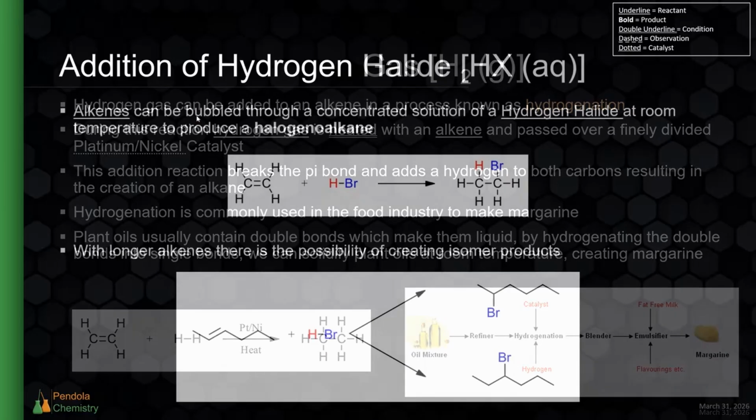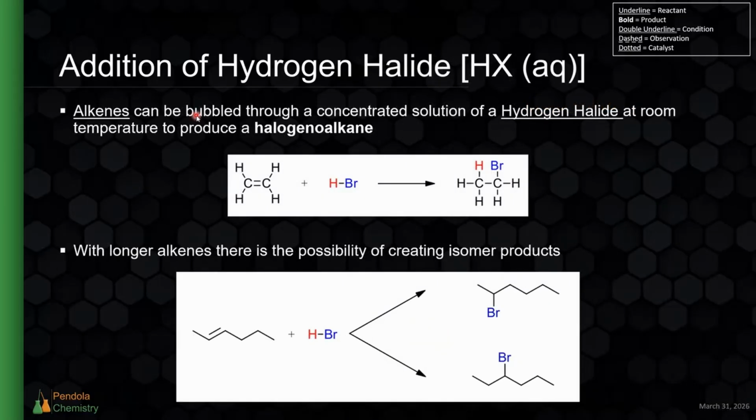The next type is the addition of the hydrogen halide. So if we look at this slide, we can see that we are now adding something that doesn't have just one type of atom like hydrogen did. We have two different types.